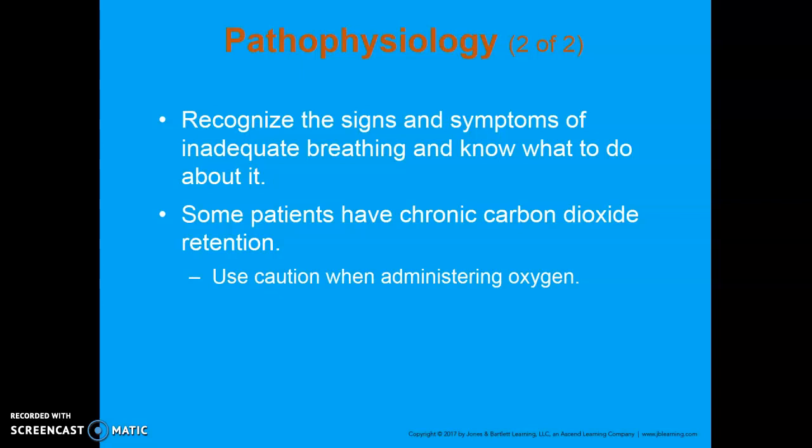There is a condition called hypoxic drive. It causes CO2 retention. Some patients already have an elevated level of carbon dioxide in their arterial blood. Typically, this can be because they have problems with exhalation because of lung disease, or their body just naturally produces too much carbon dioxide.